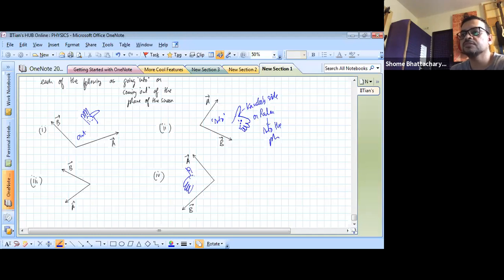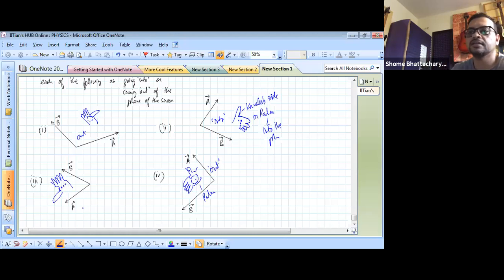So you'll see that your palm is facing outwards. This is your palm, so it's outwards. It's coming out of the plane. But in this case, you'll have to place your thumb like this and your fingers like this. So again, you'll be seeing your knuckles.